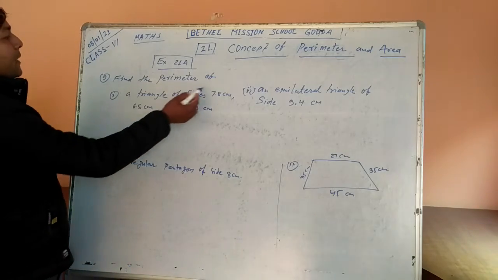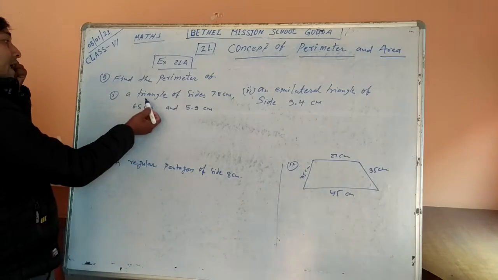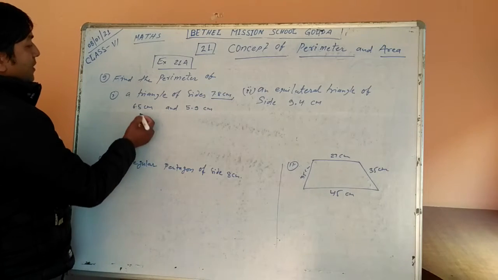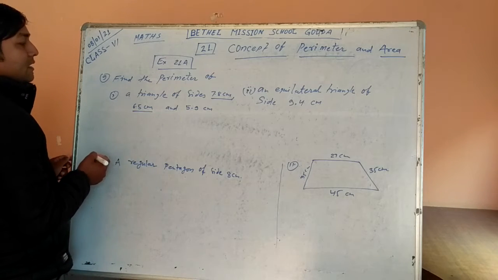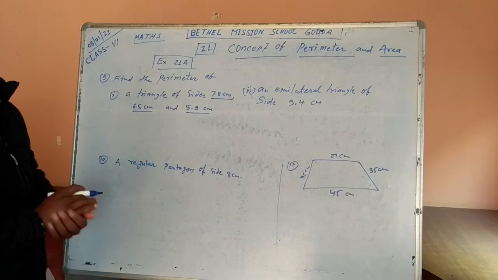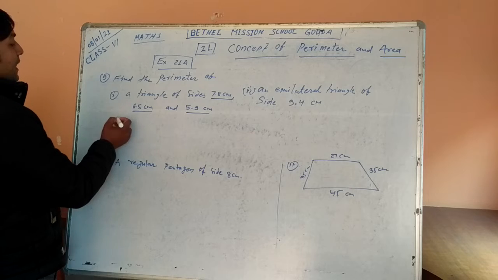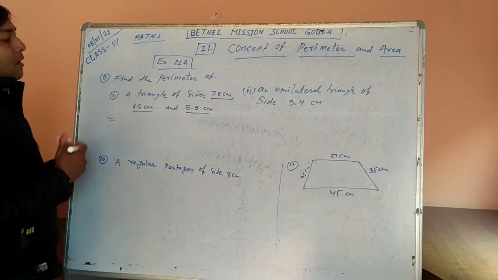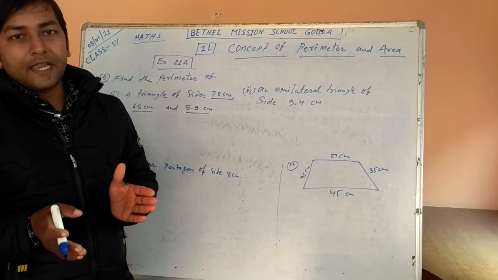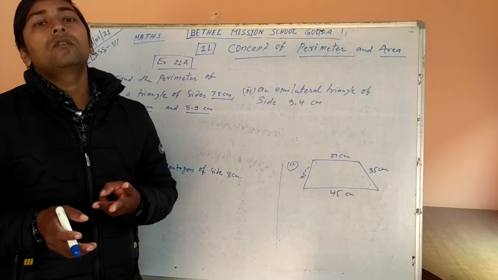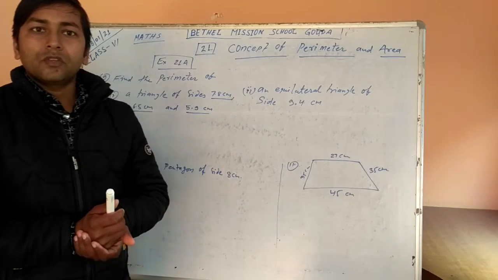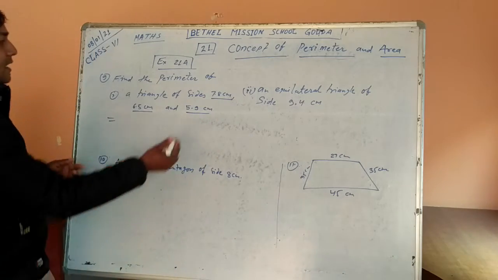Ninth number, find the perimeter of a triangle of sides 7.8 centimeter, 6.5 centimeter, and 5.9 centimeter. You know the perimeter of a plane figure equals the sum of all sides. And you know in a triangle there are three sides. Okay, so here three sides are given.